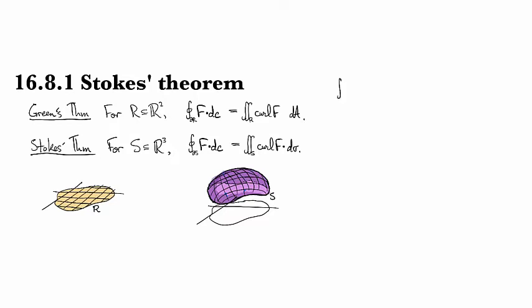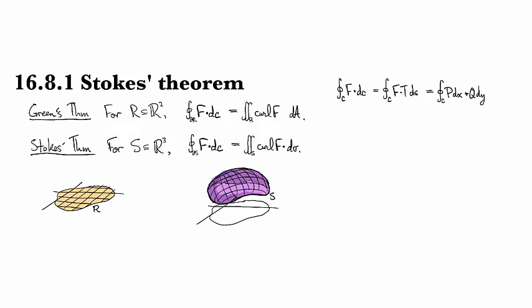So if we look at the meaning of this f dot dc integral, this is the integral of f dot the tangent vector ds, right? And so the meaning here is that we have, in differential form, p dx plus q dy.